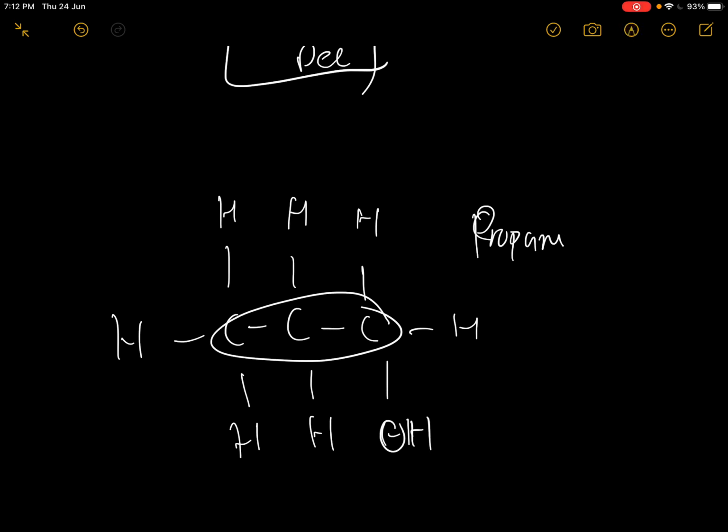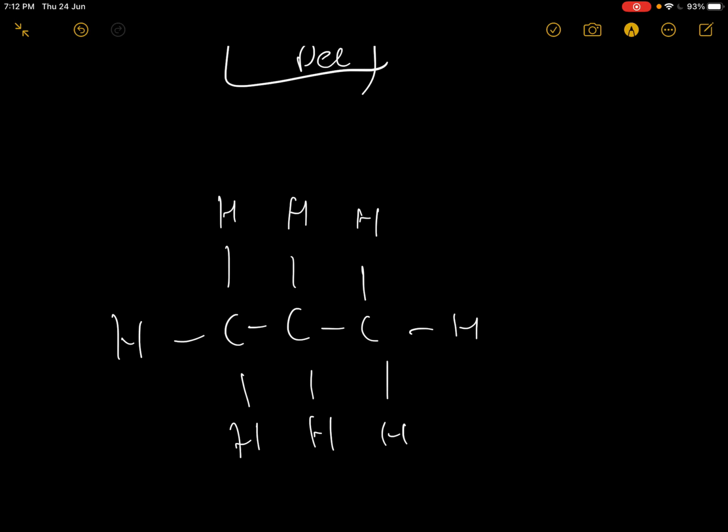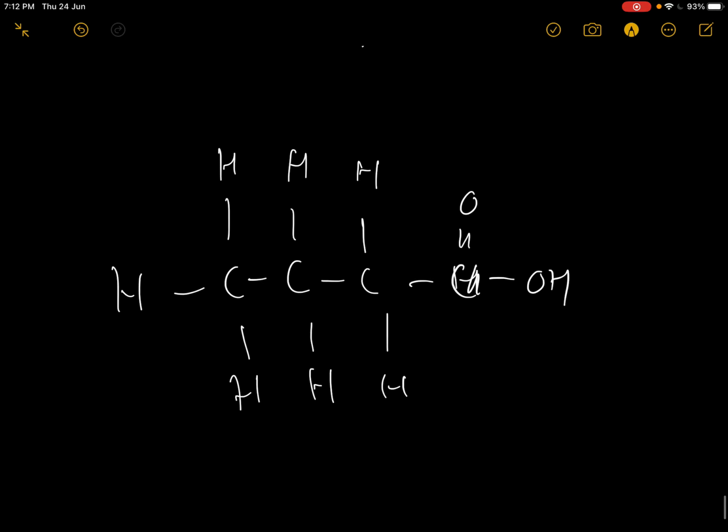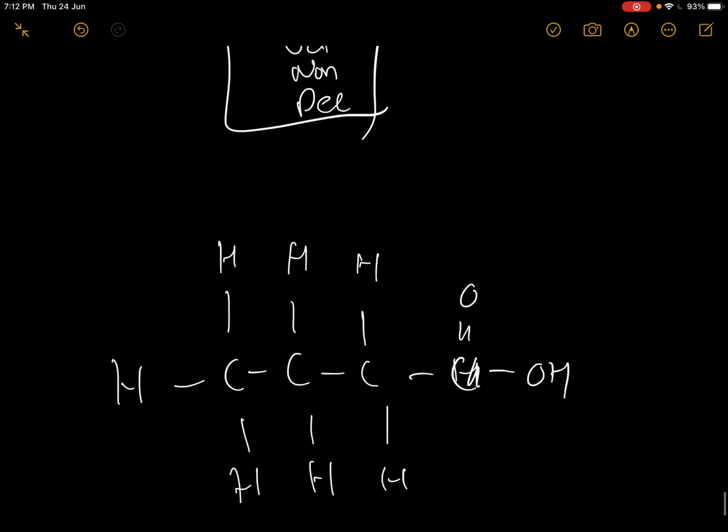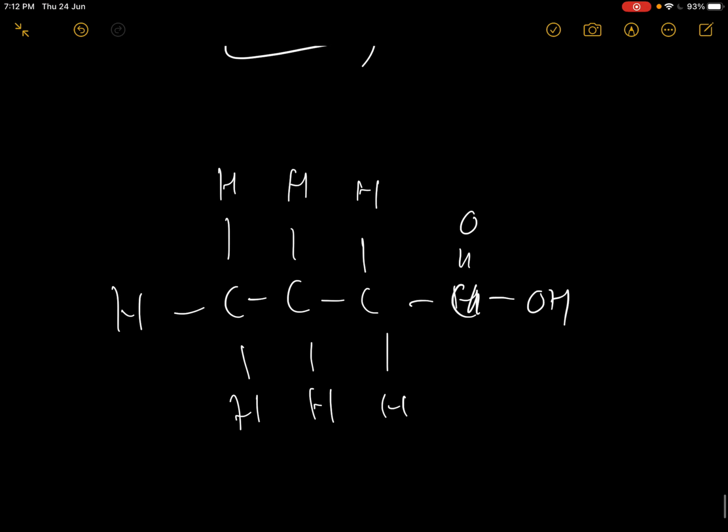Or if I change this to OH, then this is propanol. And then if I change this to COOH, then this is propanoic acid. So that's the easy part.